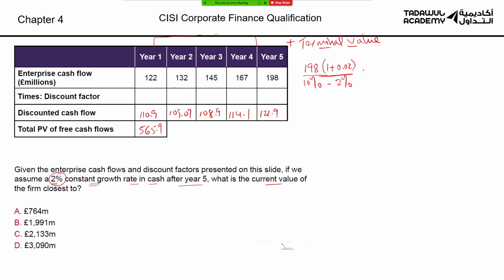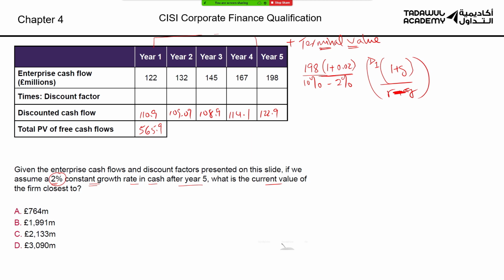So what happened here? The last payment adjusted for growth over R minus growth, which is the Gordon model. This is what we put here. This gives you the terminal value of the company in the final year, year 5.